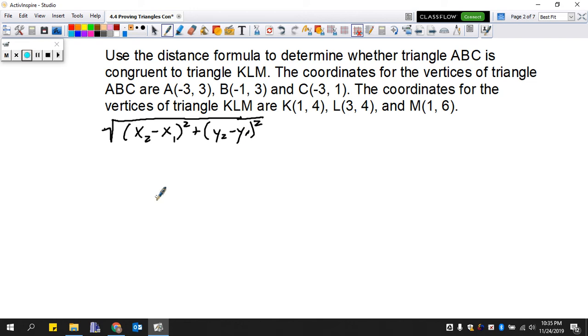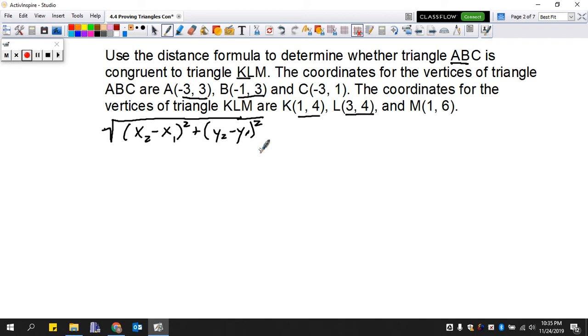Let's compare. It says use the distance formula to determine whether triangle ABC is congruent to triangle KLM. So let's see if AB is congruent to KL. AB is (-3, 3) and (-1, 3). KL is (1, 4) and (3, 4).